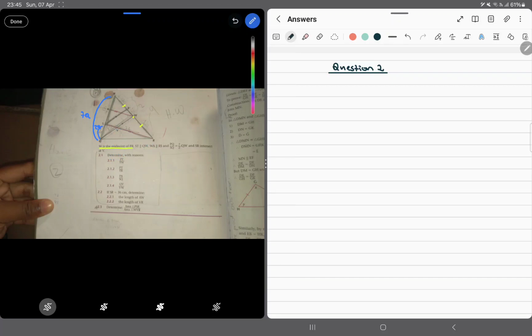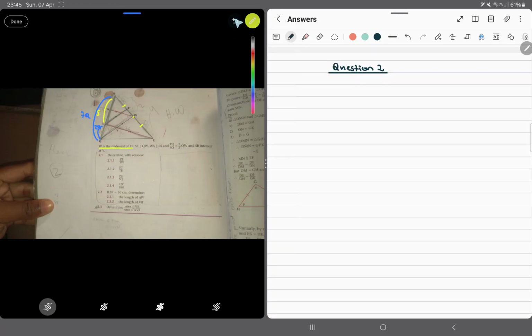So what is the story now? The story is, look, if this entire side is 7 and this one is just 2, therefore it means this one, PS, should be 5a, right? Because 5 plus 2 should give us 7.